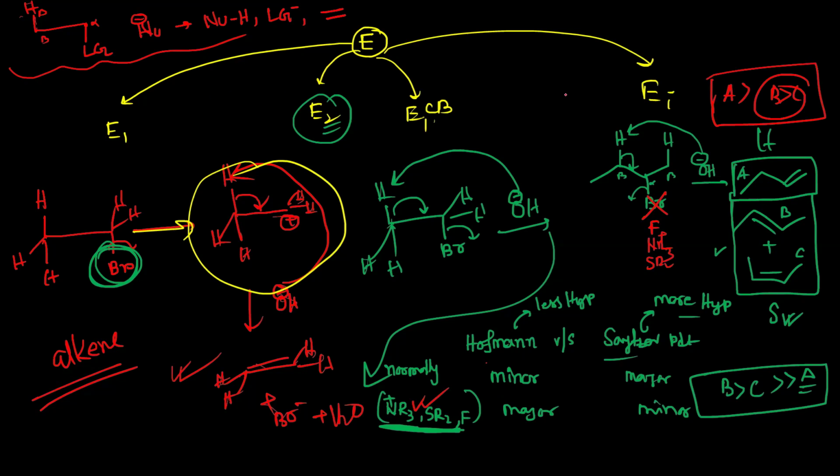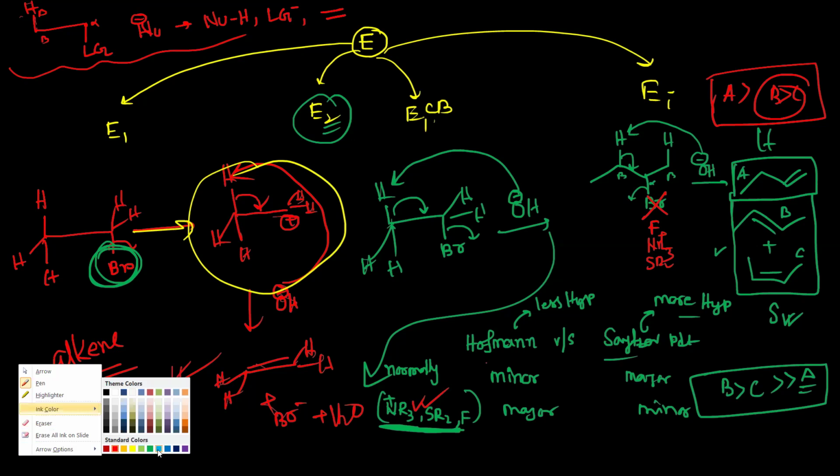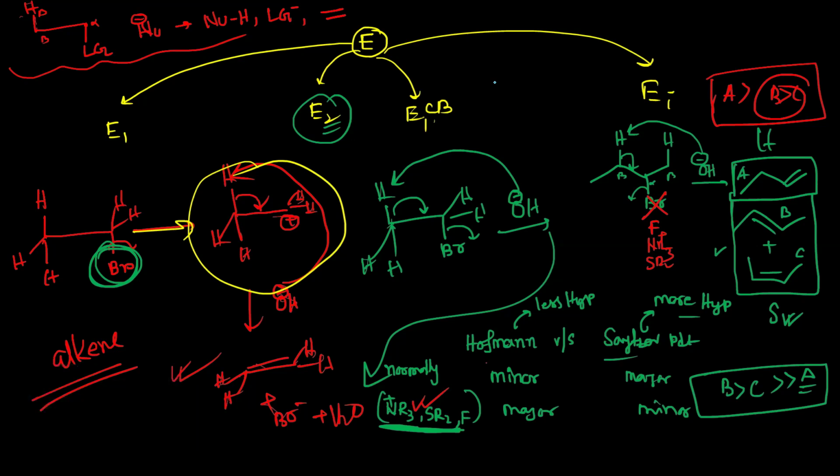Now, the third type of reaction, E1CB. This is very simple. Suppose I have my leaving group here and my beta hydrogen is here, okay, H beta. If I have any electron withdrawing group here, then what will happen?